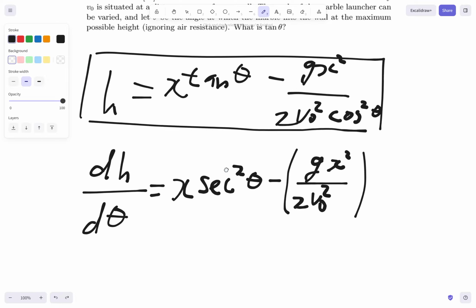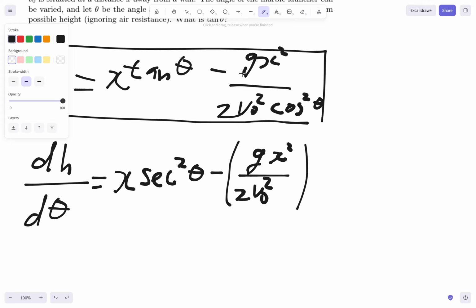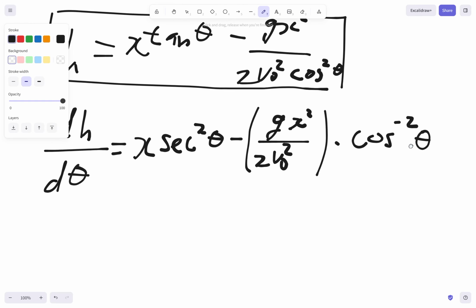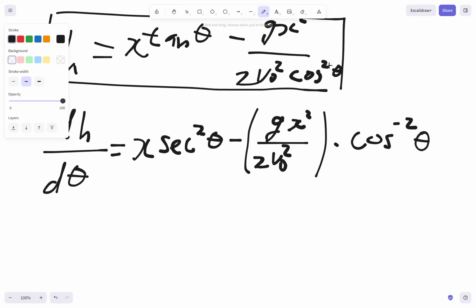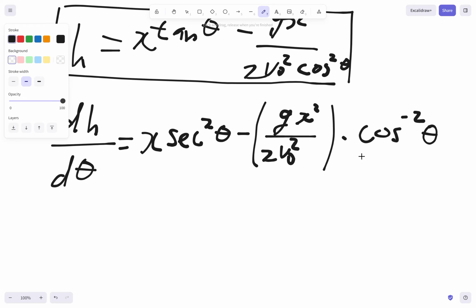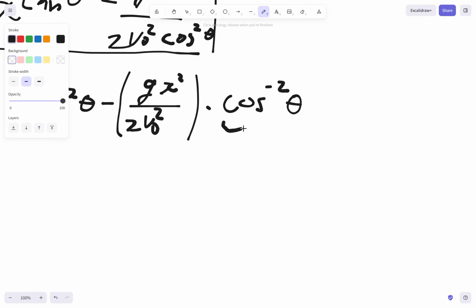It's secant squared theta. For the second term, g is a constant, g is gravity, x is a constant, 2 is a constant, V0 is a constant. That leaves us with this term, cosine to the negative 2 theta, because you can write it with a negative exponent. This is the only other thing we need to differentiate.